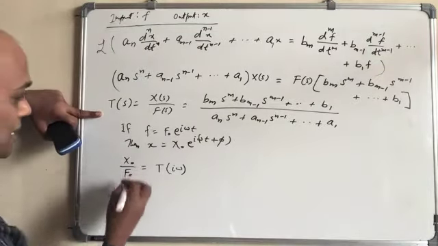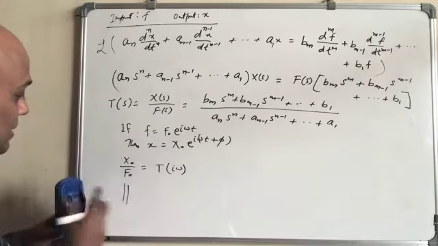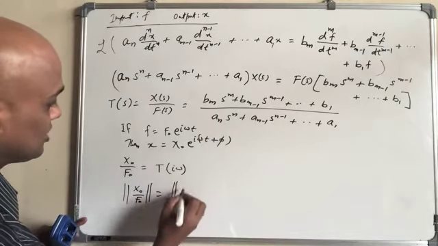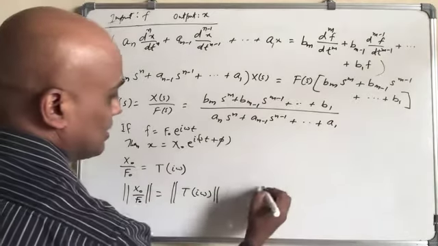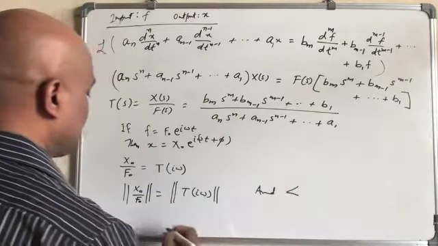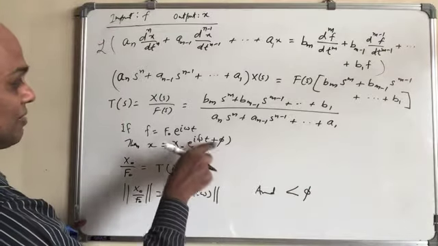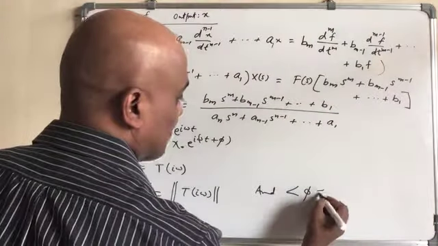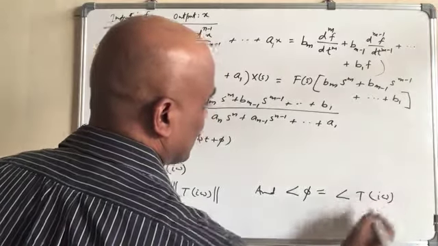Simply, the magnitude of x_0 over f_0 will be equal to the magnitude of T(iω), and what we get for angle φ, where φ is the phase shift, will be equal to simply the angle of T(iω).